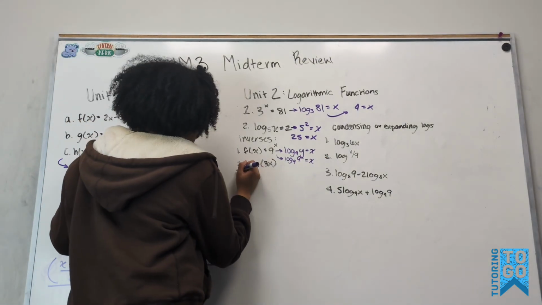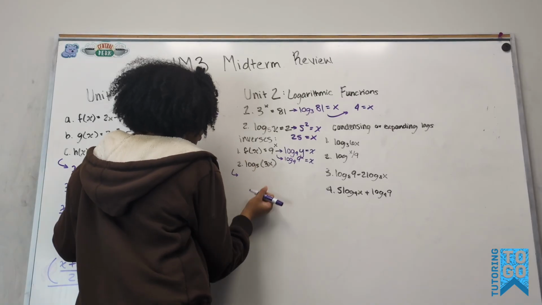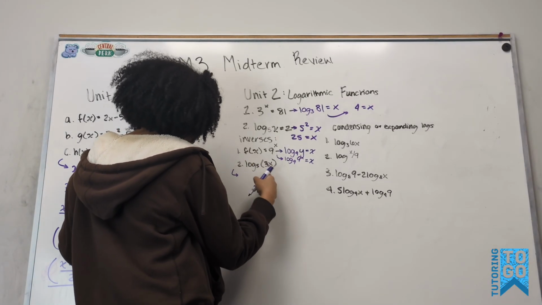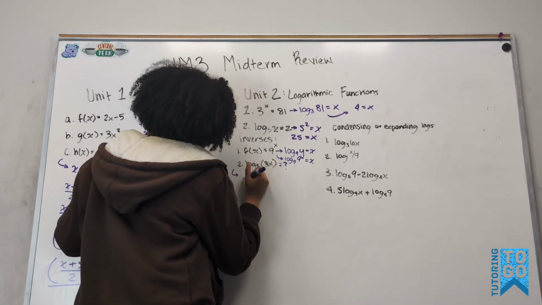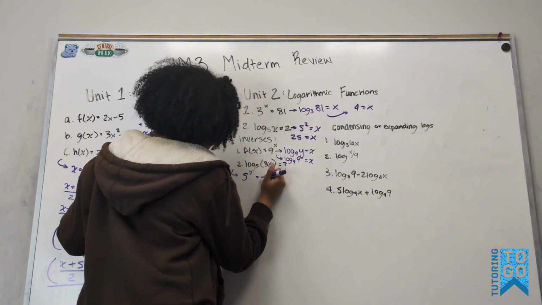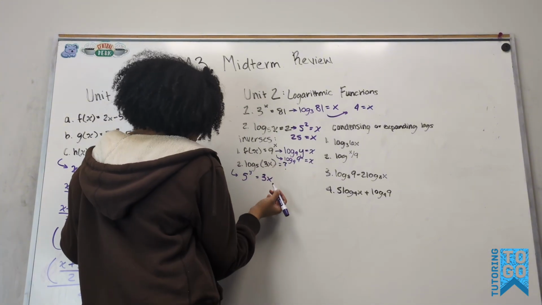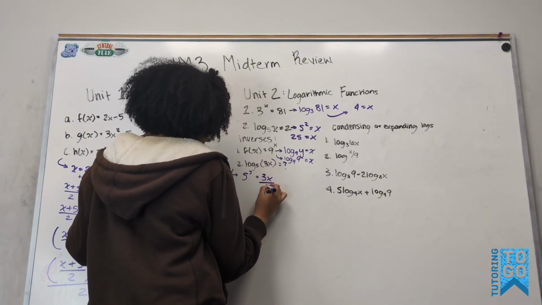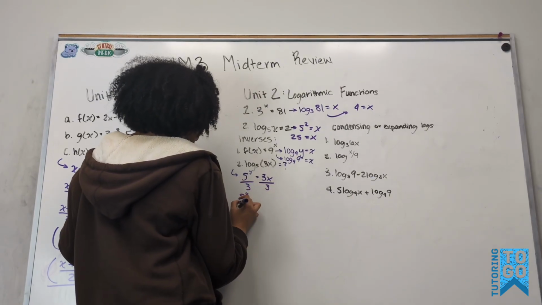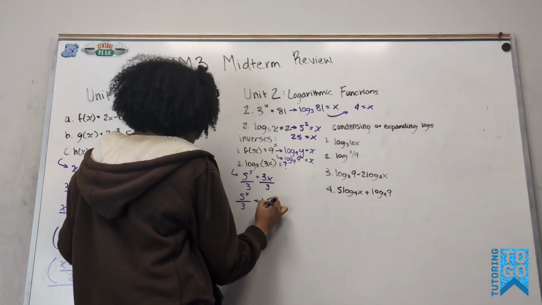And then this one, you're switching a logarithmic function to an exponential function. So this is your answer, and there's no exponent. So we're switching it. 5 to the power of y is equal to 3x. And then to simplify it, divide this by 3. So then you get 5 to the power of y divided by 3 is equal to x.